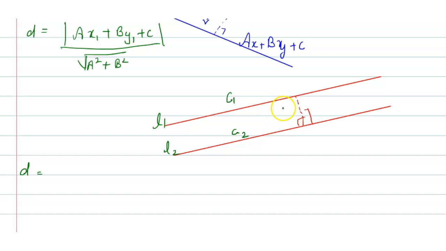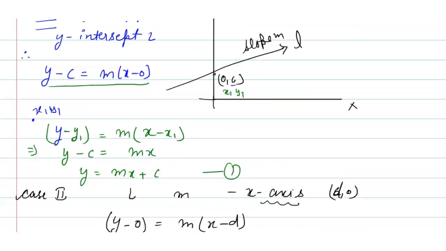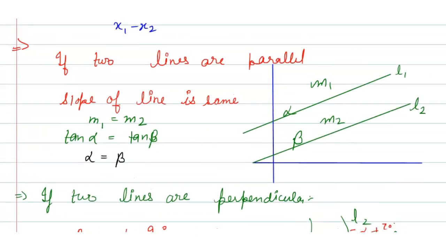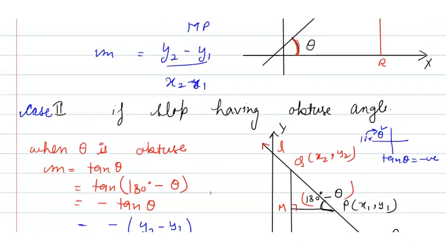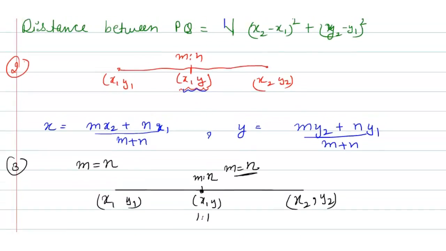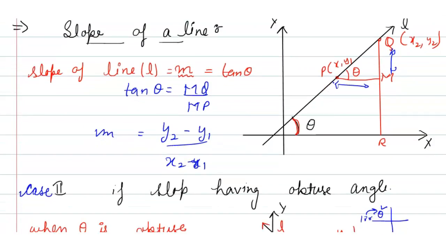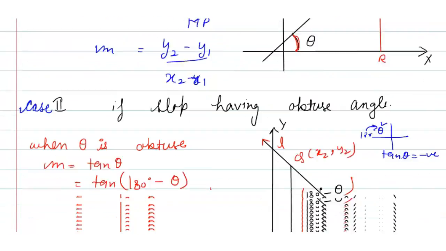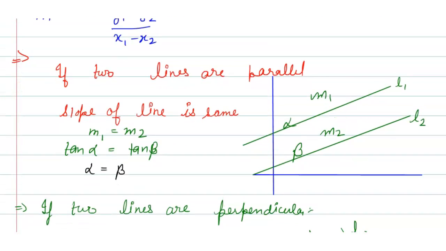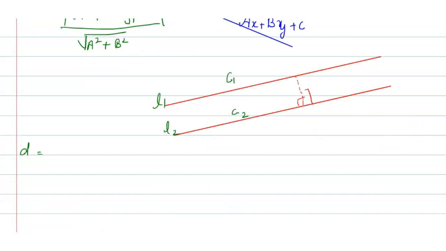If two lines are parallel, then their slopes are the same, as we discussed earlier. So both lines have slope m.